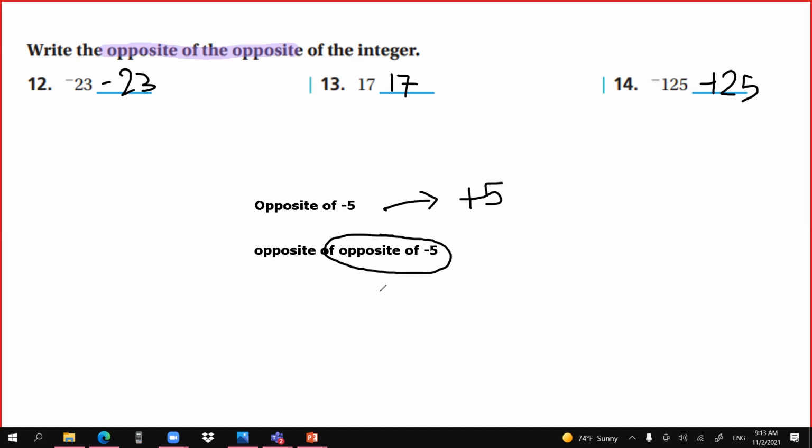Then what is the opposite of positive 5? Negative 5. That's it. So that means if you say opposite of opposite, they cancel each other, so take the number as it is. But if you see only one opposite, you have to flip the sign.